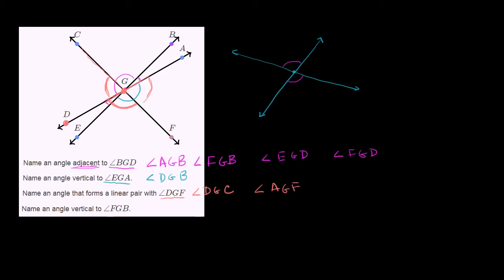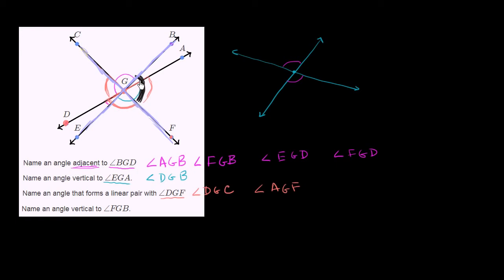Name a vertical angle to angle FGB. So this is FGB right over here. You can imagine this angle is one of the four angles formed when CF and EB intersect with each other.